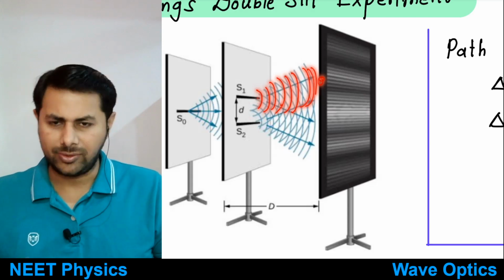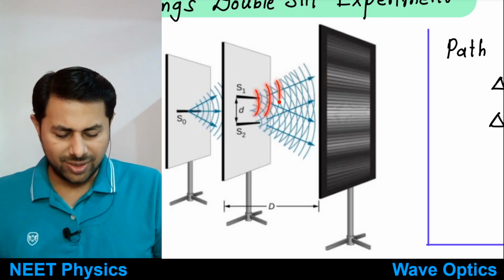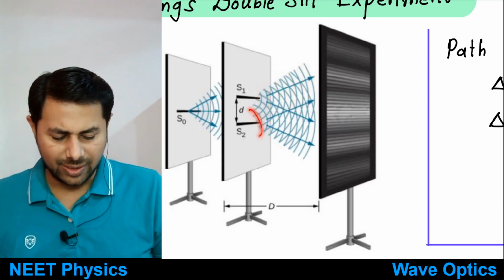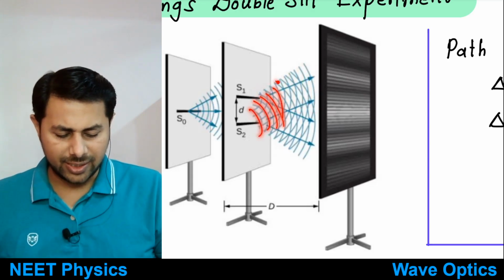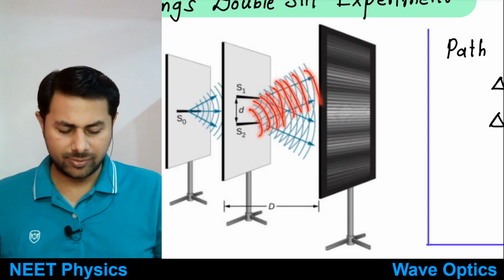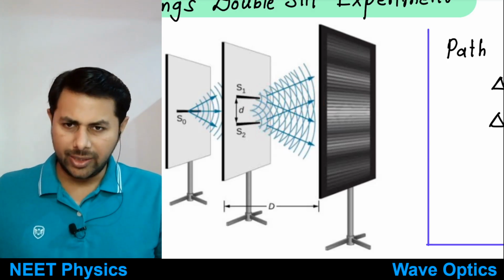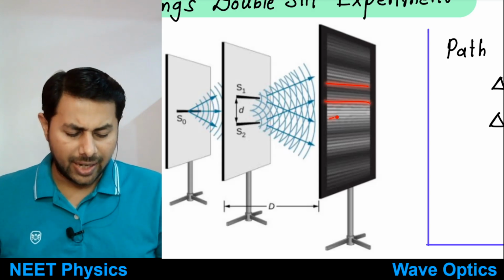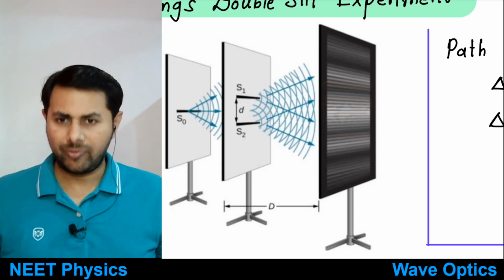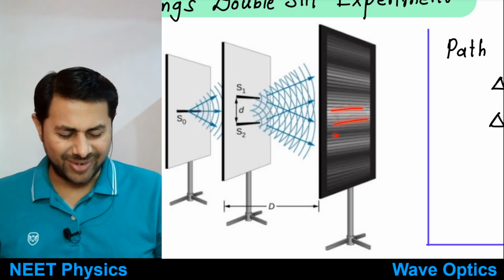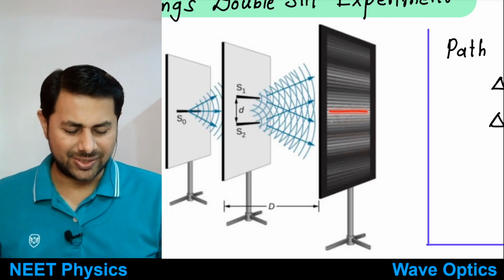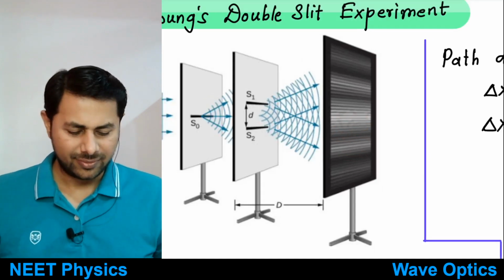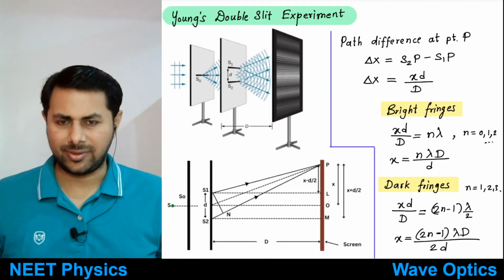These are not waves, these are a collection of points in the same phase. And these are secondary waves due to the second source. Then they will interfere with each other and bright and dark fringes will be formed, and this pattern of bright and dark fringes is known as the interference pattern.